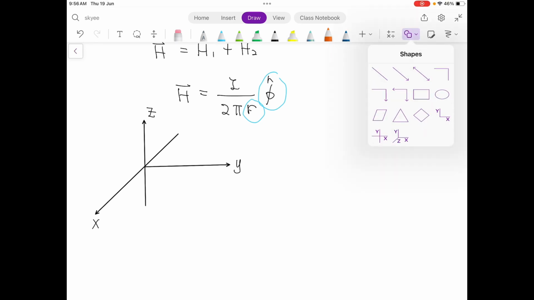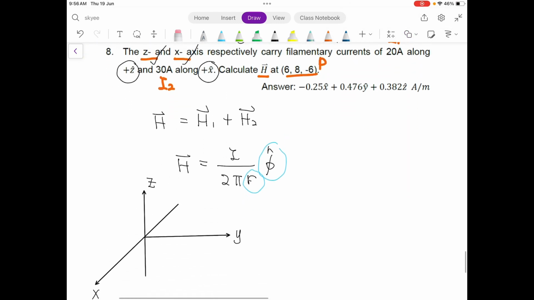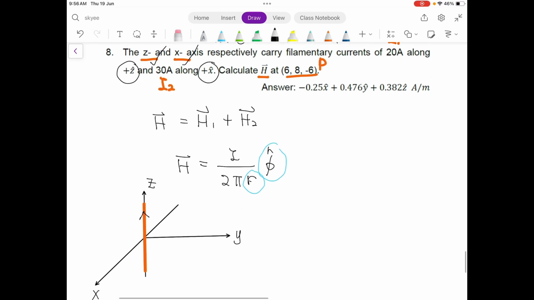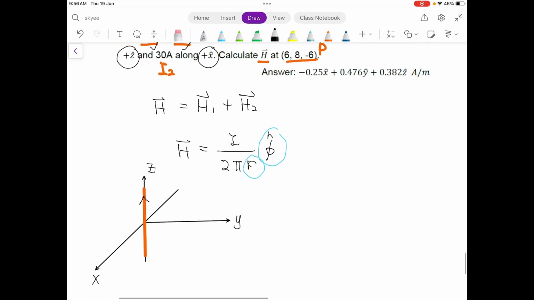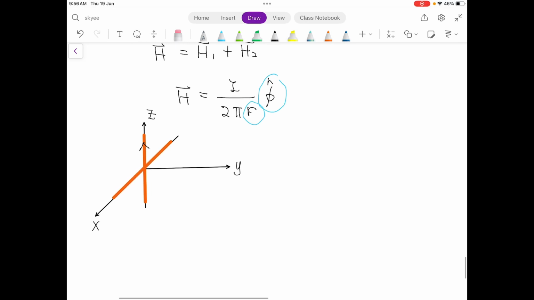Our current filament I1 is along the positive Z, so positive Z will be this one, and this is the direction of the current flow. For I2, it is 30 amperes in the X direction, so we can draw it in the X direction. So this is our I2 and this is I1.